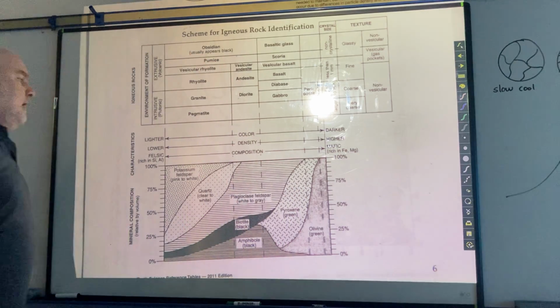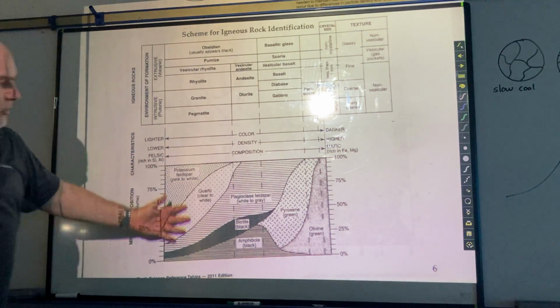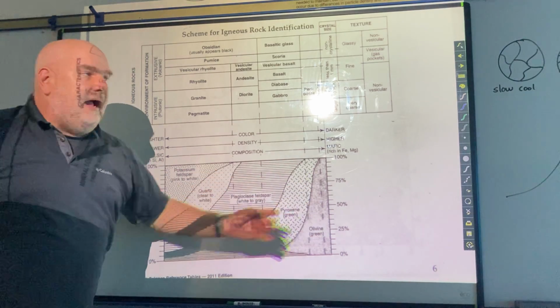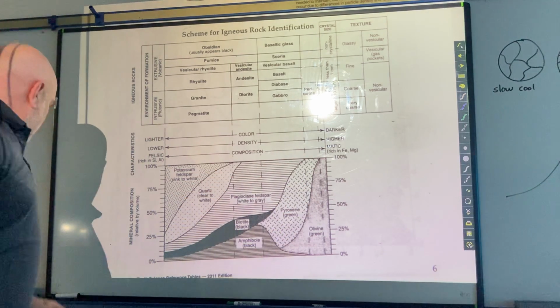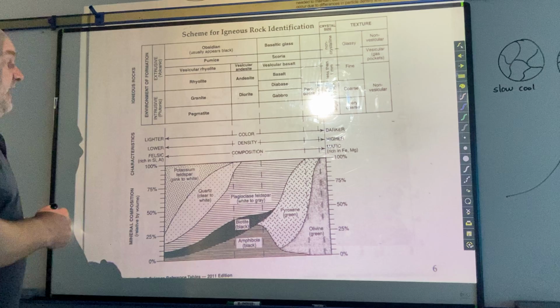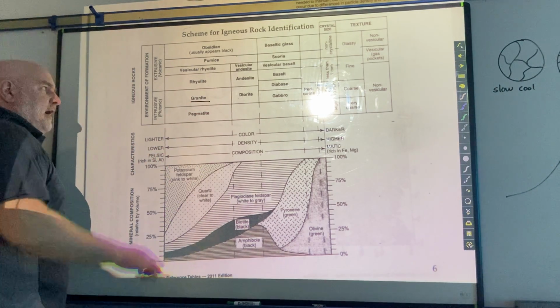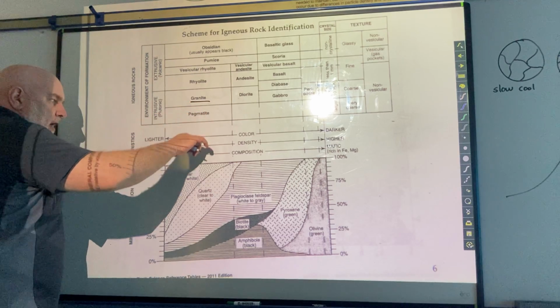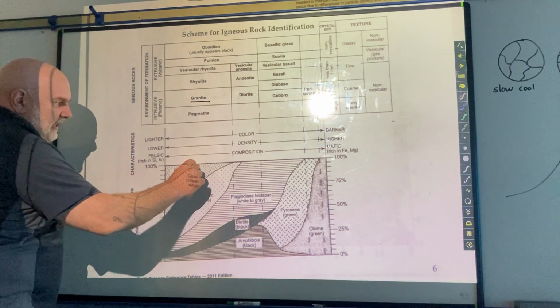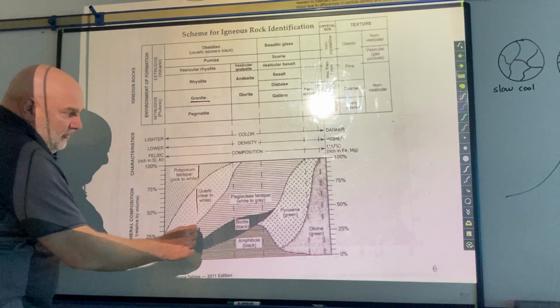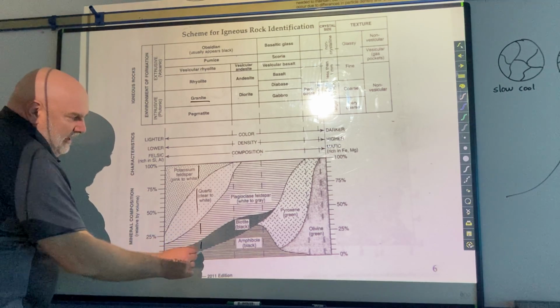All right. Now down here, it shows you what minerals you can expect to find in these rocks. For example, if I want to know what minerals to find in granite, I just come straight down from granite. Granite usually has potassium feldspar, quartz, plagioclase feldspar, biotite, and amphibole.